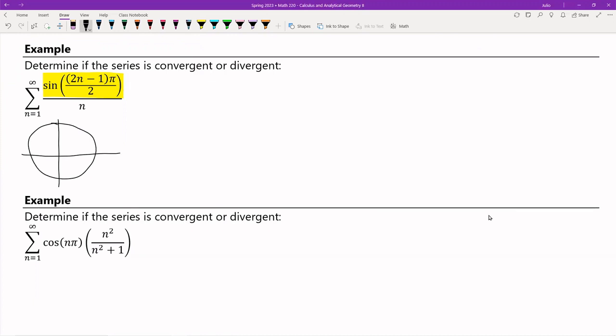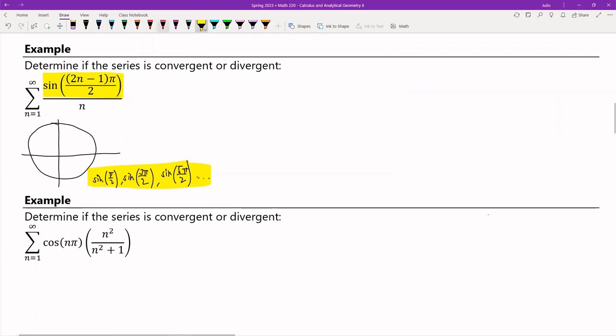What's going to pop up from this is the yellow part, which is sine of pi over 2, sine of 3 pi over 2, sine of 5 pi over 2. If you start plugging in n values, you'll see that sine of (2n minus 1) pi over 2 is going to get you this list over and over again.